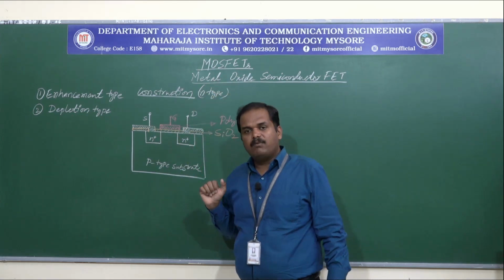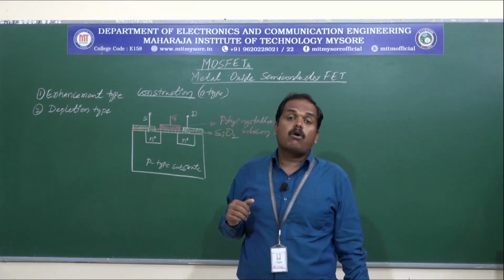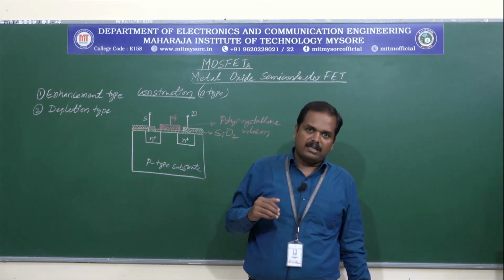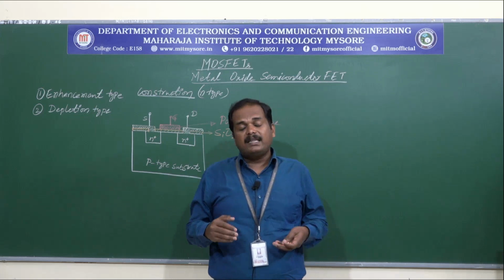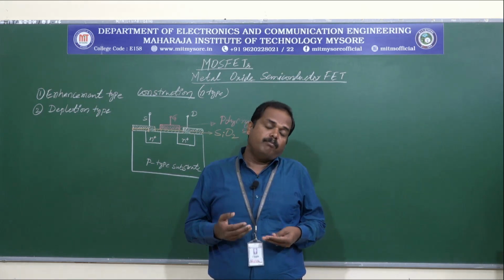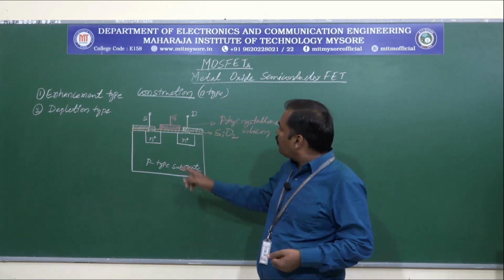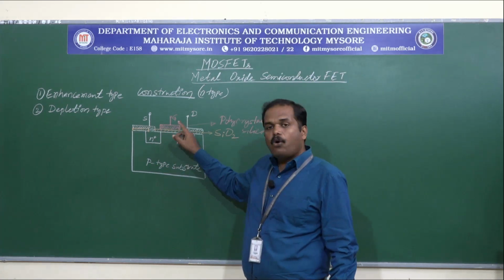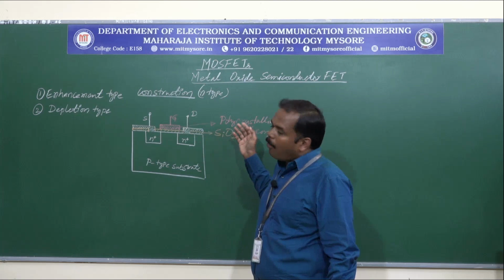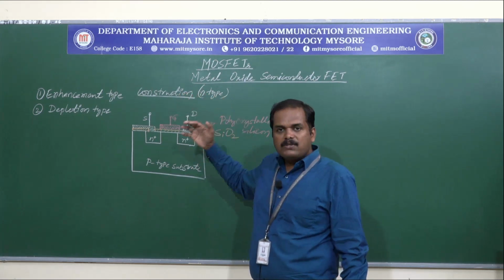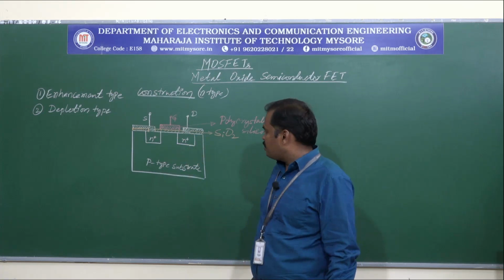This type of field effect transistor was called MOSFET. Later, because of advancements and research, this metal was replaced by polycrystalline silicon, but still the name MOSFET has been used for this device.